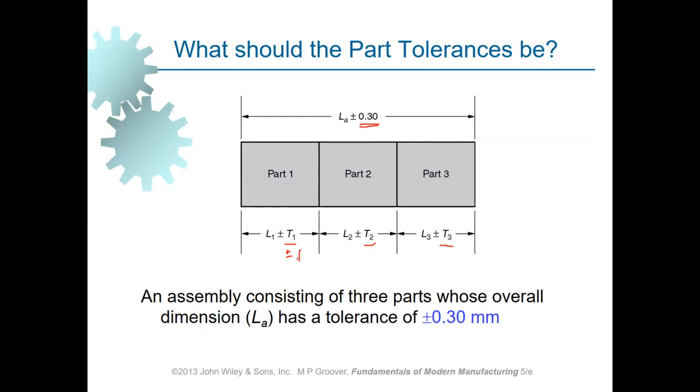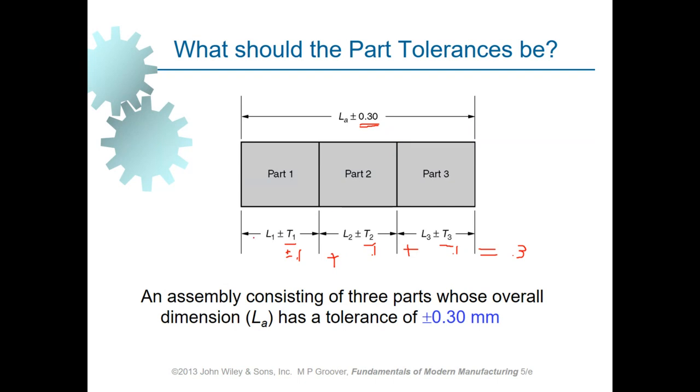So if we make it 0.1 to each one of the individual parts, then the worst case scenario, when you add all these values to one another, it comes to a total of 0.3, and that is taking care of the overall tolerance of the assembly.